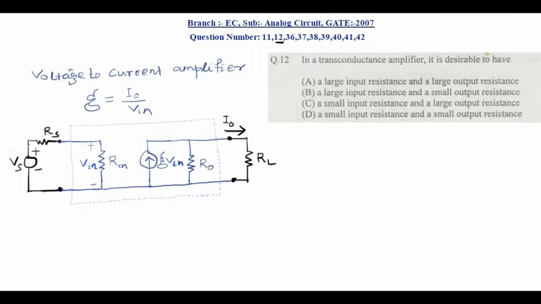Now if we connect a voltage source at the input, which will have a finite input resistance, and then a load is connected across the output, let's say I0 is the current flowing through RL.